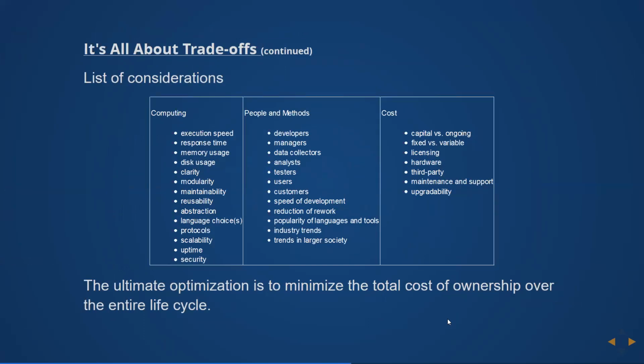Here is a list of things we can trade off in all our different areas. I'm not gonna discuss them in a whole lot of detail, but I'll say that the ultimate end is to minimize the total cost of ownership of a system over the entire life cycle.